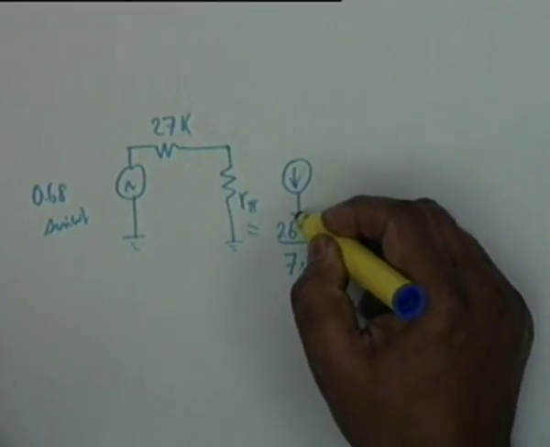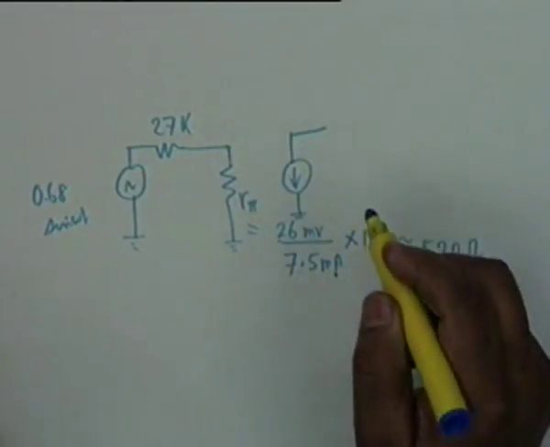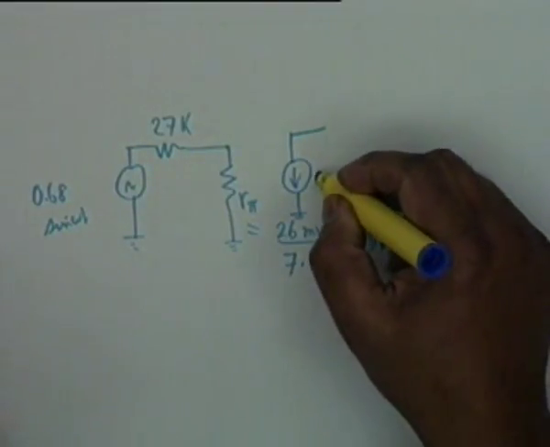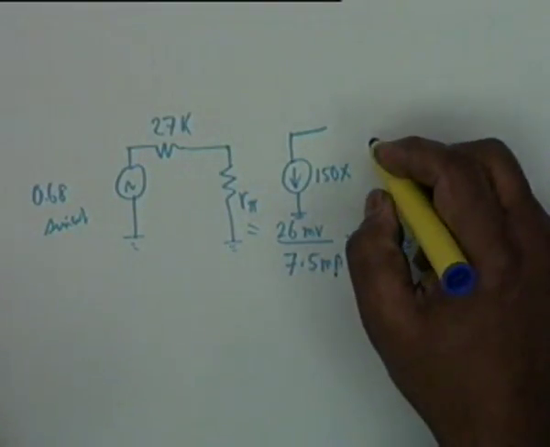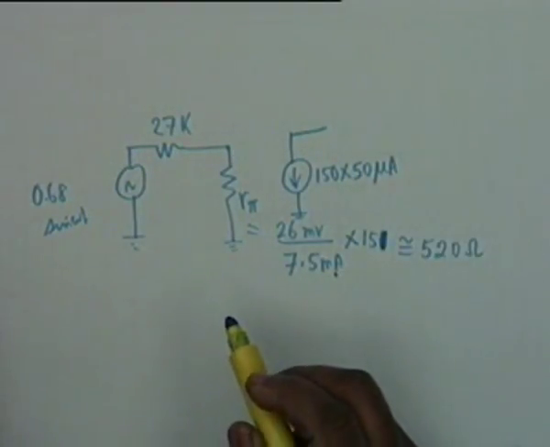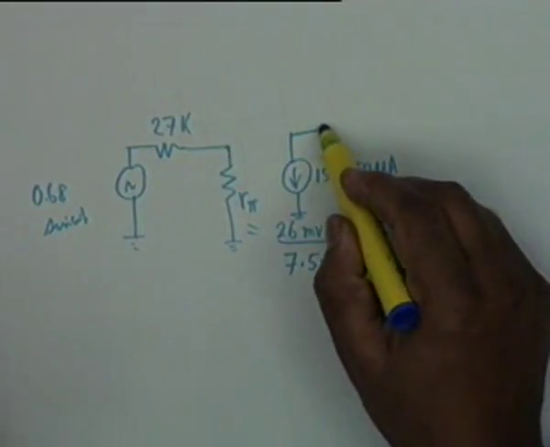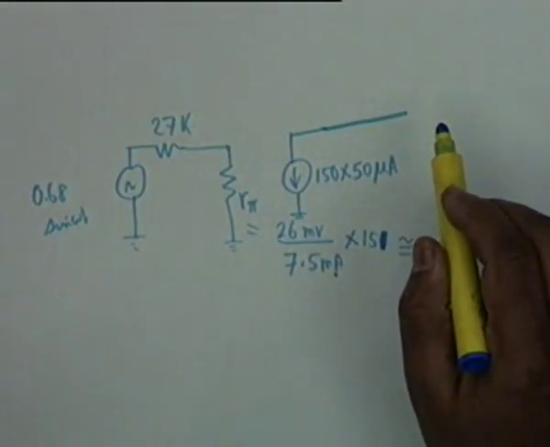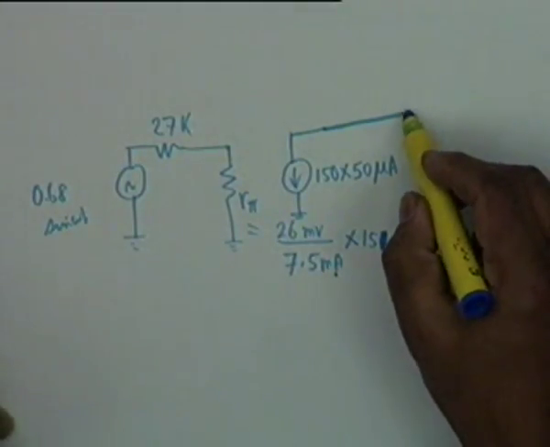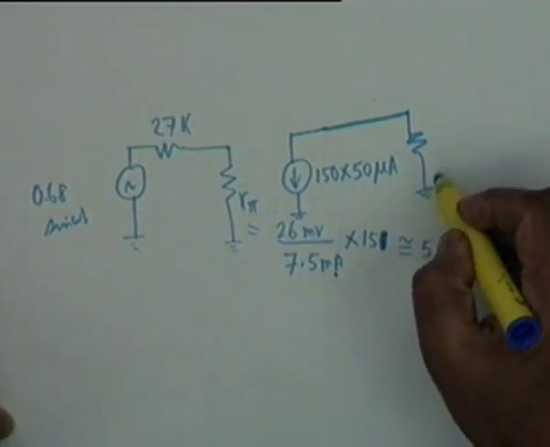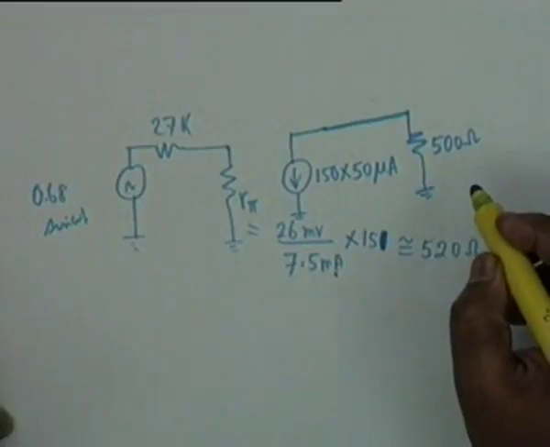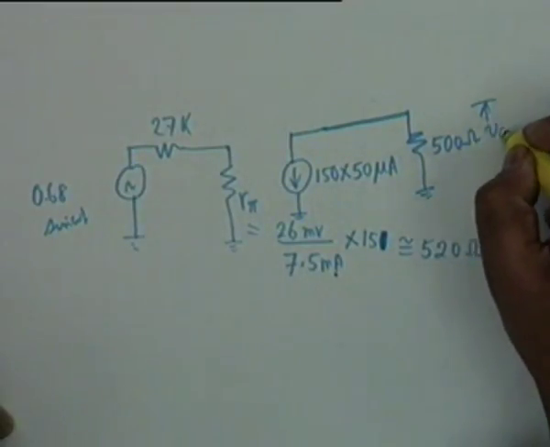the AC equivalent circuit shall have simply a current generator of beta times IB. Beta is 150 and IB is 50 microampere. Therefore this is what will be the current generator, beta IB. Then ICEO is not required. It is not that it is negligible, but it is not required in the AC equivalent circuit. And then we have R sub C, that is the collector resistance, which is 500 ohms, and this is the voltage VCE.